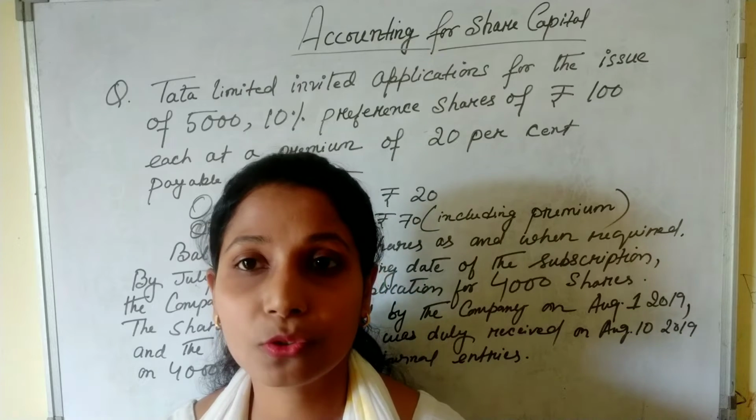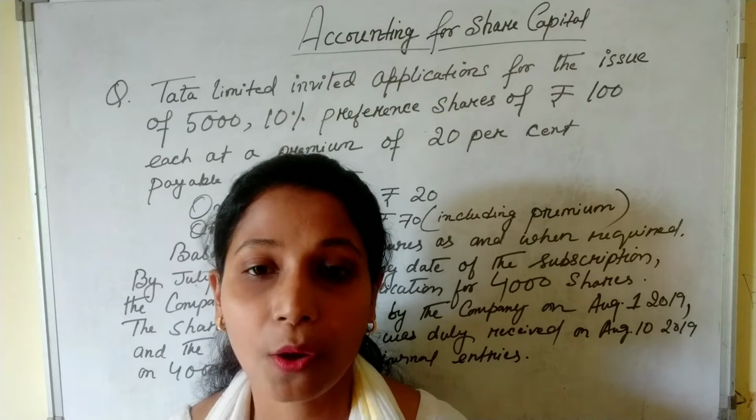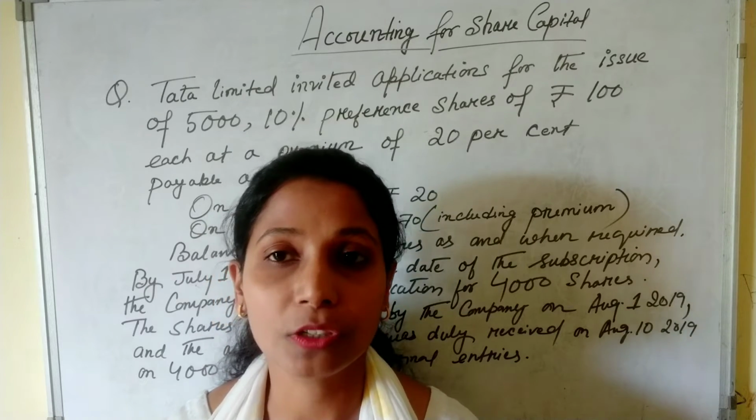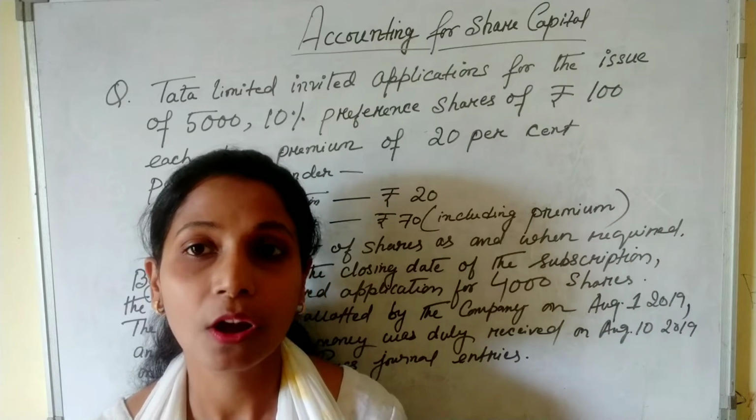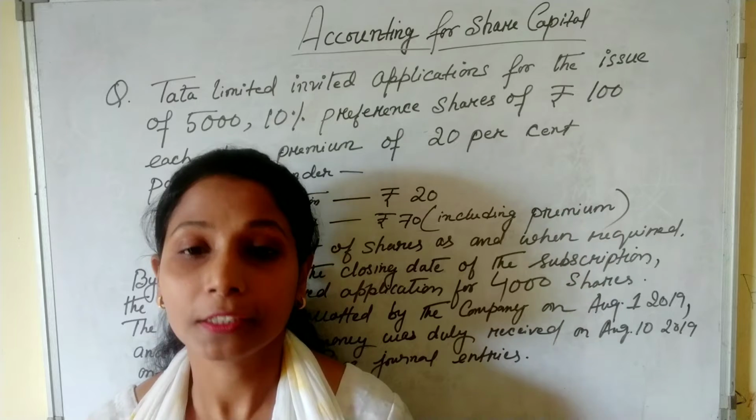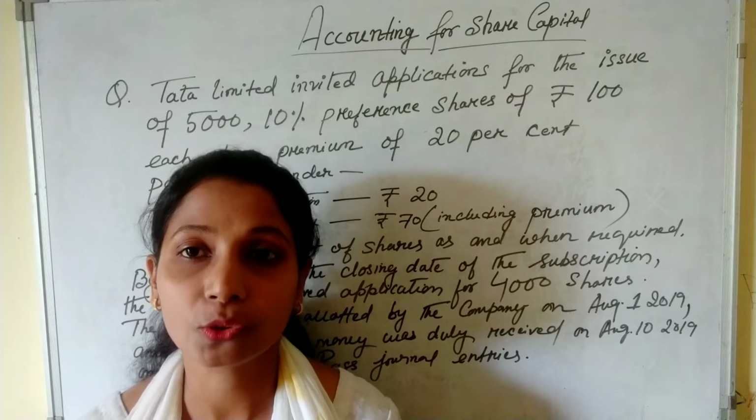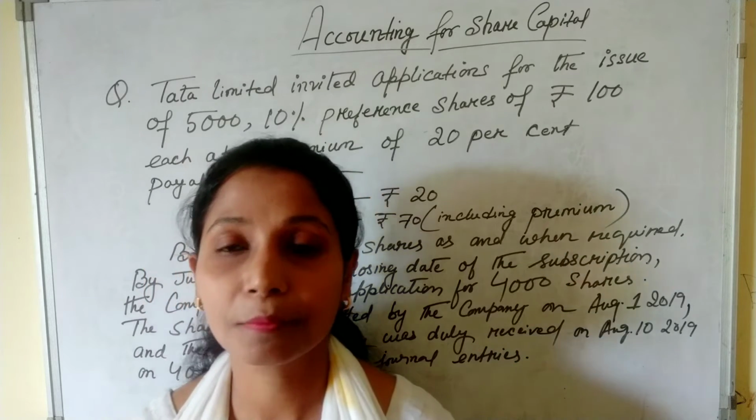Now, what is issue of shares at a premium? When shares are issued at a price which is higher than its face value or nominal value, then such an issue is known as issue of shares at a premium.